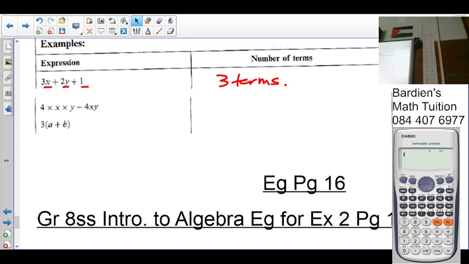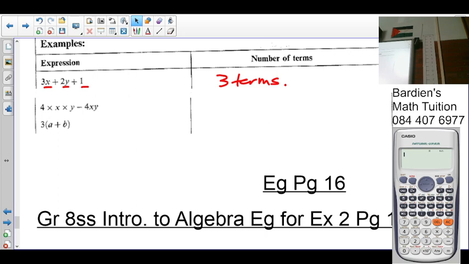But 4 terms is called a polynomial. So 1 term is a monomial. 2 terms? Binomial. 3 terms? Trinomial. 4 terms? Polynomial. 5 terms? Polynomial. 6 terms? Polynomial. So 4 or more terms will always be called a polynomial. You guys understand? So stop me if I'm moving too fast.